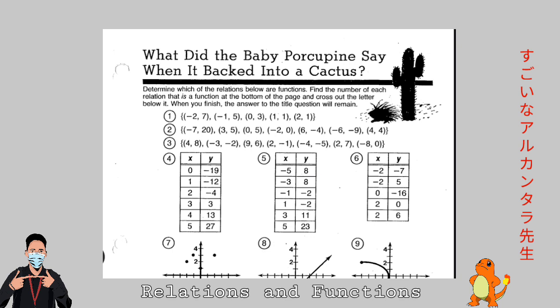What we're going to do here is determine which of the relations below are functions, and we're going to cross out the functions here.